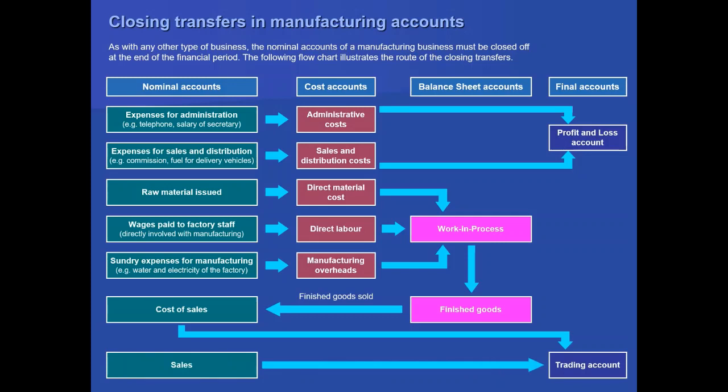Similarly, the sales we transfer to our trading account, which is a final account. And then the difference between sales and cost of sales in our trading account, we transfer as gross profit to our profit and loss account, which is our final account.